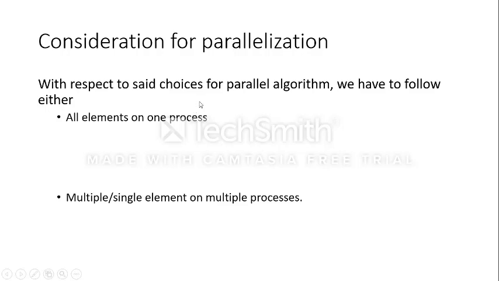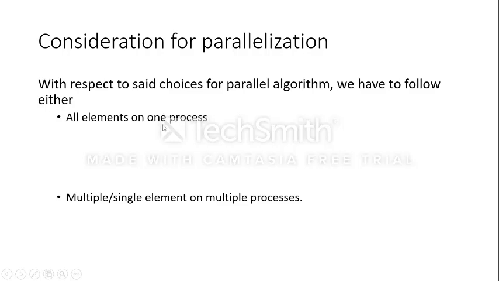So with respect to these choices for the parallel algorithm, we have the following choices. Either we can assign all elements to one process. There are some scenarios in which we can do that.